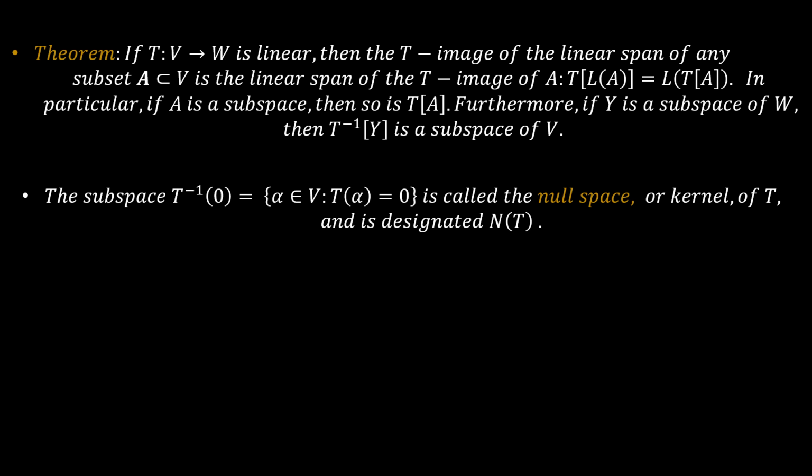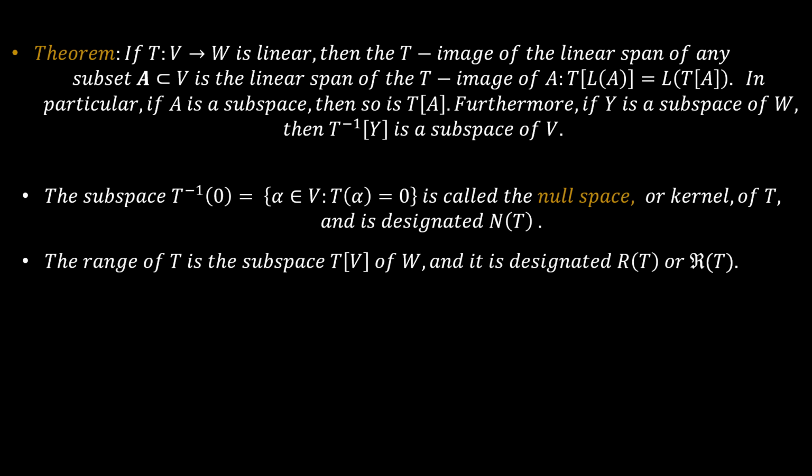And alpha is called the null space or the kernel of T, designated as NT. It's also worth mentioning that the range of images that can be obtained from T is the subspace TV of W, and this is designated as RT.